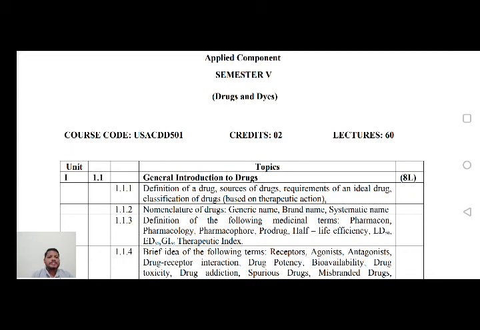Sources of drugs, and the requirements of an ideal drug, meaning a drug should not have any toxicity and should be less harmful. Then classification of drugs based on therapeutic action. Next, nomenclature of drugs, that is the generic name, the brand name, and the chemical or systematic name.